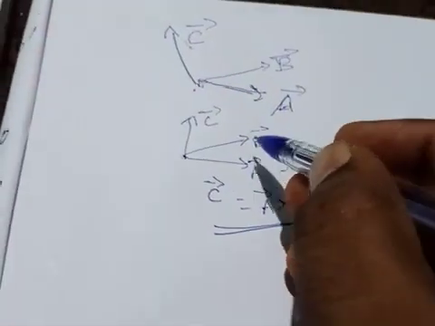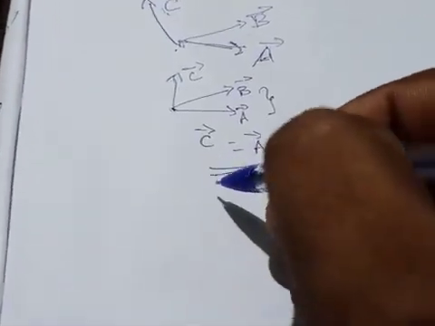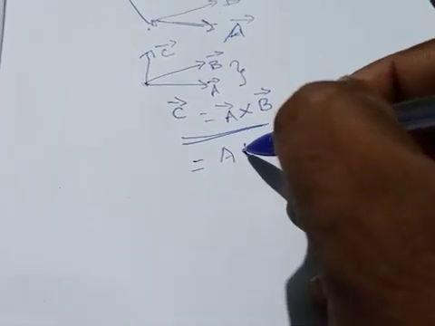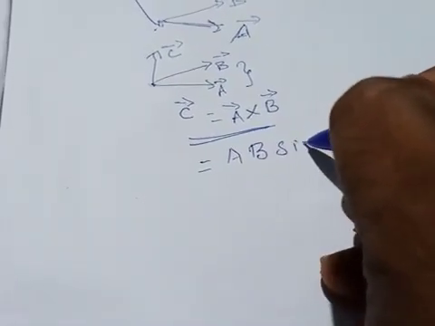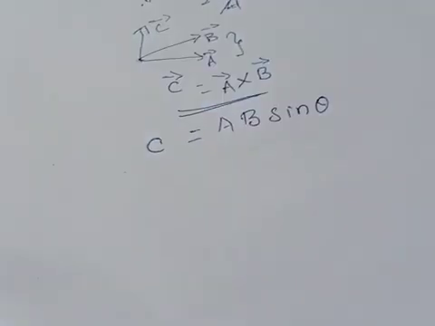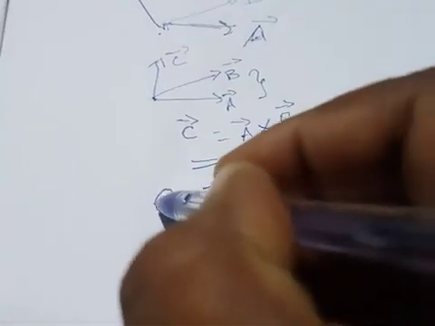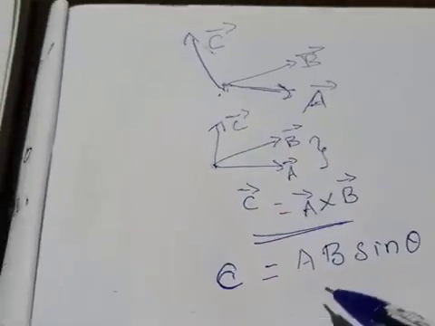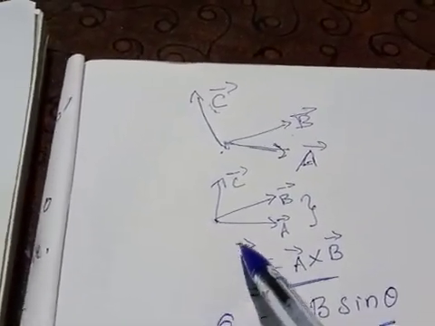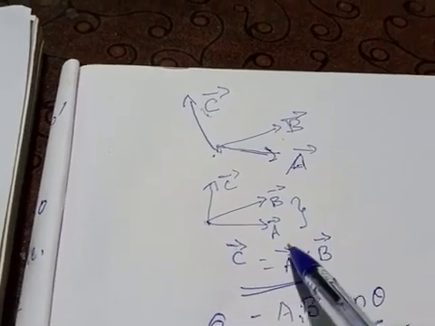The same formula you can write in terms of only magnitude, A, B, sin theta. So C is equal to AB sin theta. This is only magnitude, and here you can see there is a direction.